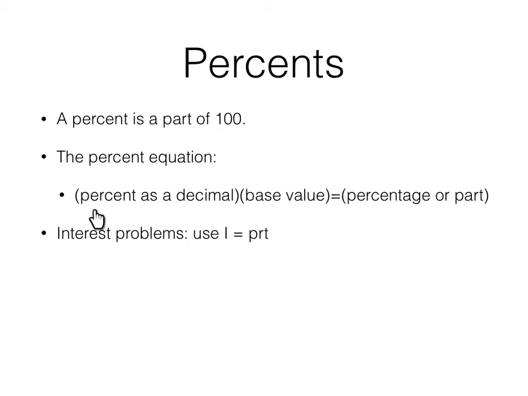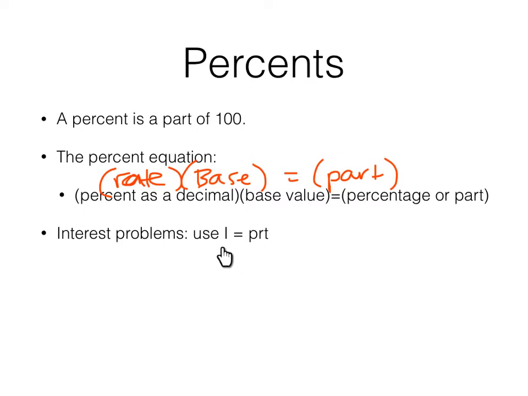The percent equation is the percent as a decimal, which is also called the rate, times the base, which is the whole value, and on the other side, you get the percentage or part. Part equals rate times base, or rate times base equals part. For interest problems, we'll be using this equation, I equals PRT, which you should have learned last year.